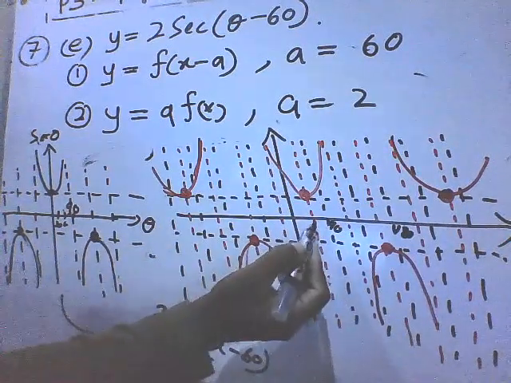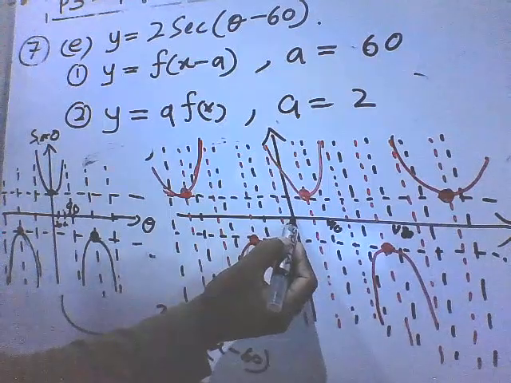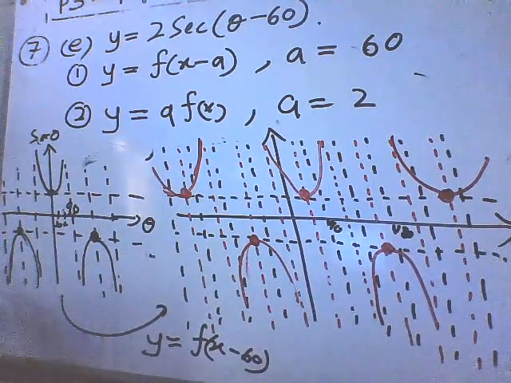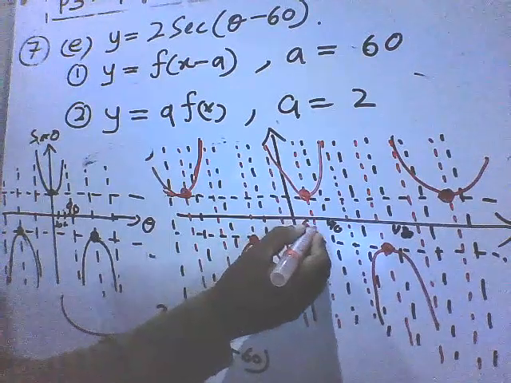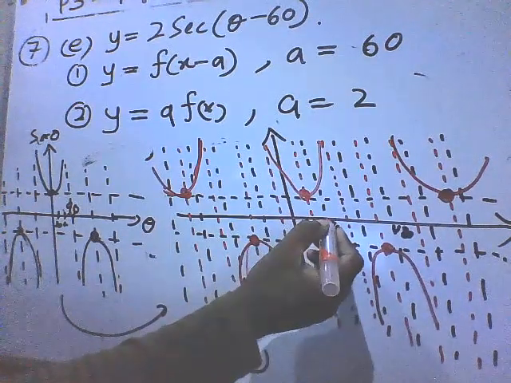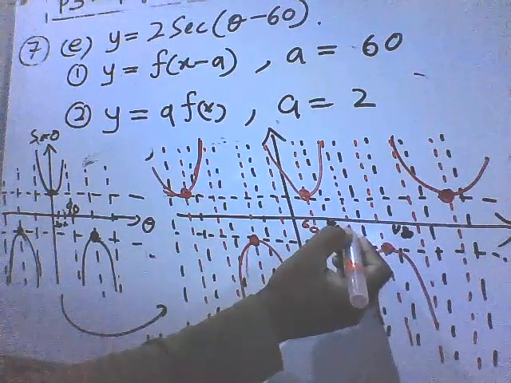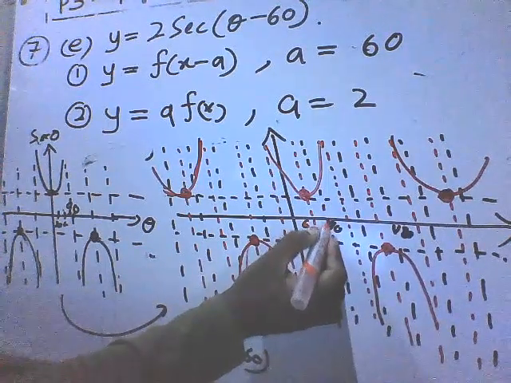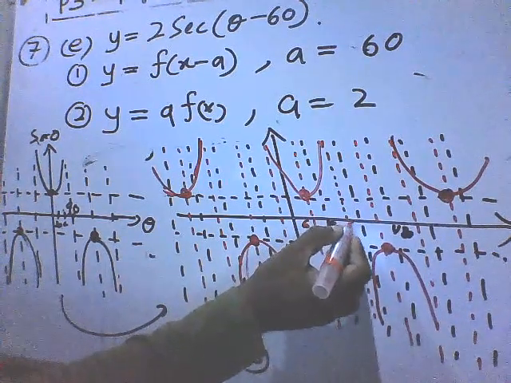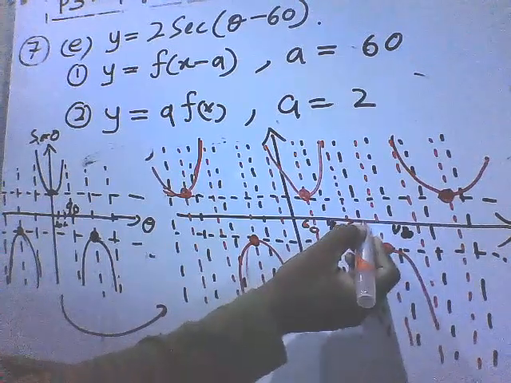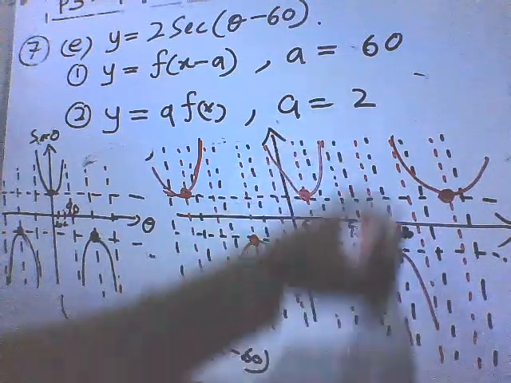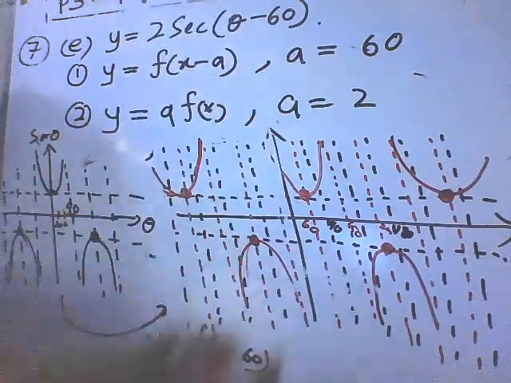So those boundaries are from 0, the new boundaries are 60. And this one went to 150. So this was 90, 60 added, this is 150. And here it was 180, another 60 added, 240, like that. All these red dotted vertical lines came.